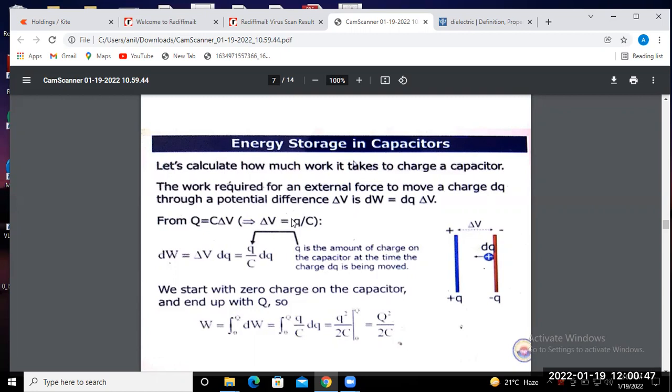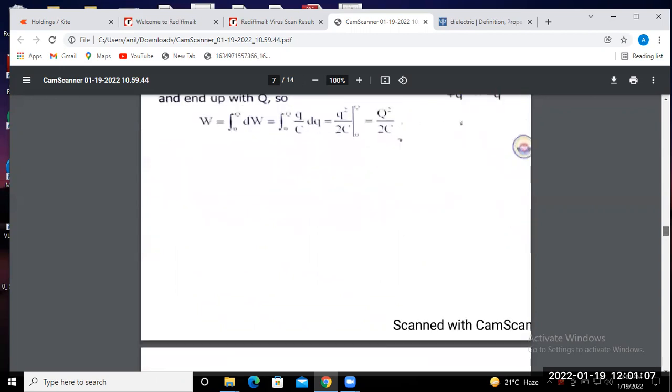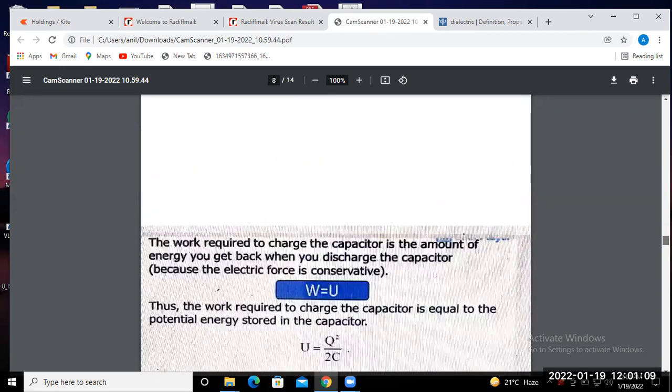I think you are already familiar with this equation also. This is the capacitor and inductor topic. You are already familiar, I think, but we have to study here again, so just try to recap all this.